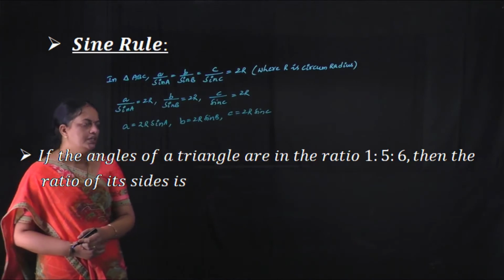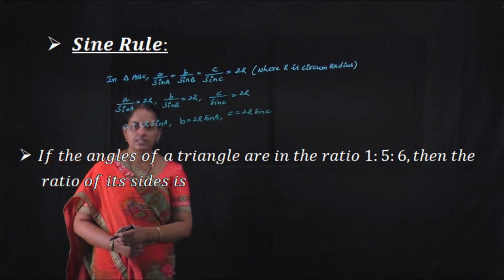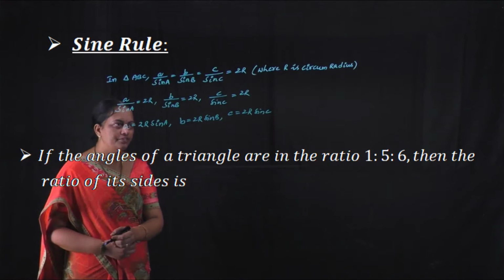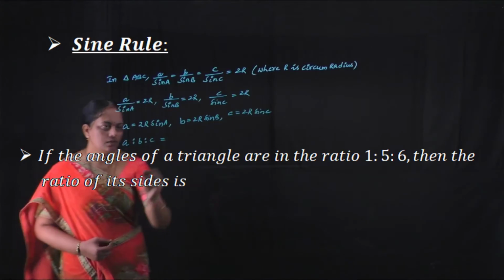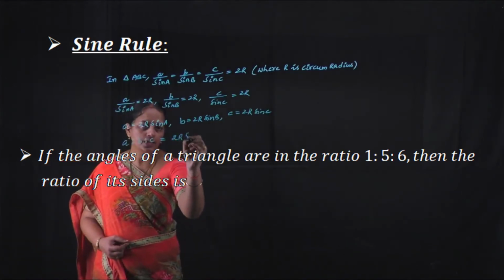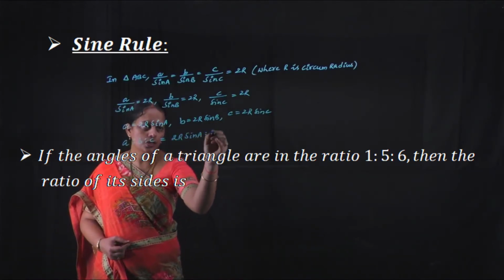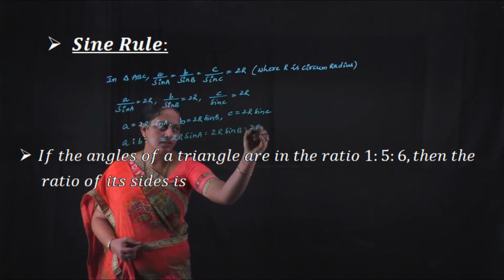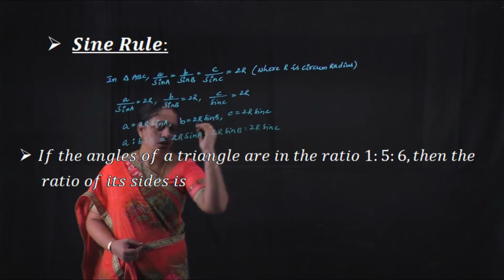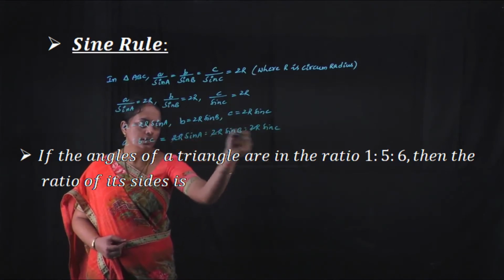Now we can derive a relation between sides and angles of a triangle. Consider a is to b is to c, that is equal to 2R sine A is to 2R sine B is to 2R sine C. Here 2R gets cancelled.